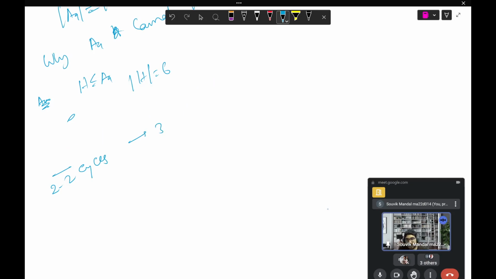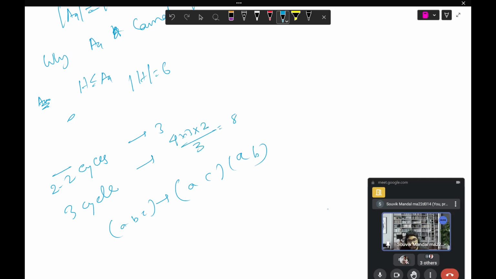Okay. And how many 3-cycles are there in A4? A 3-cycle can be written as a product of transpositions, so a 3-cycle is an element of A4. How many 3-cycles are there? 4 times 2, so 8 3-cycles are there in A4. Now if the order of H is 6, there exists at least one 3-cycle alpha that does not belong to H, right?